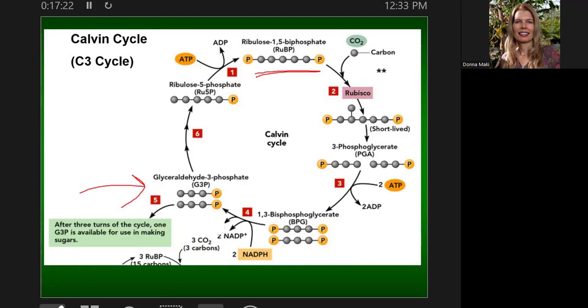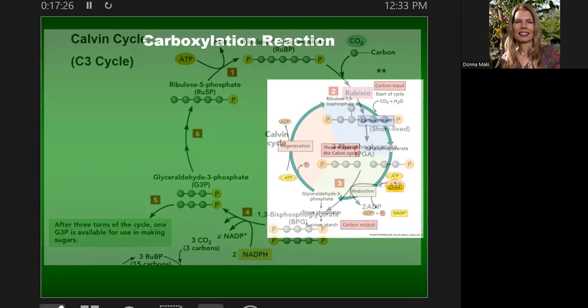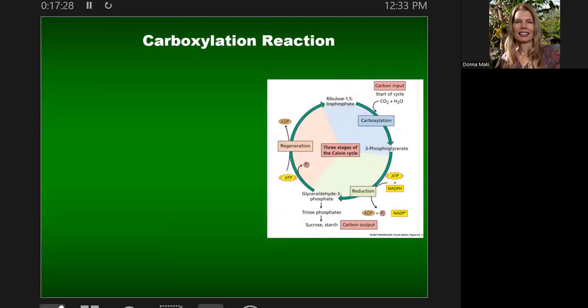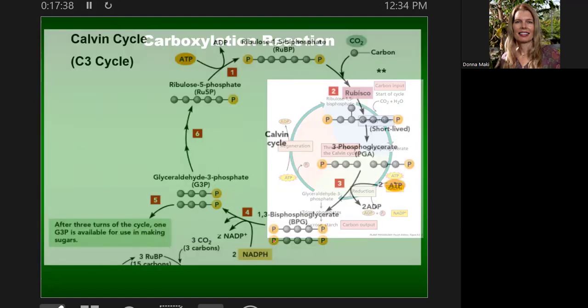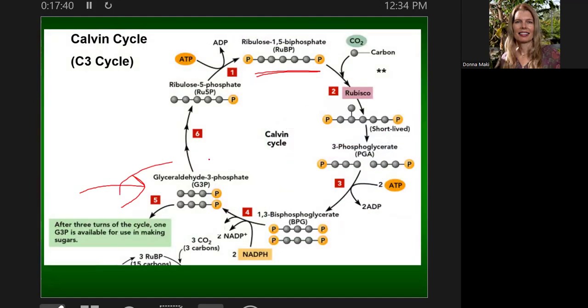The other goal, I'm not even really showing it on here. Let me go to this slide. Here's the other goal, which is this little offshoot. The other goal is to take some of that G3P, and you can kind of see in this green box, they say after 3 turns of the cycle, 1 G3P is available for use in making sugars.